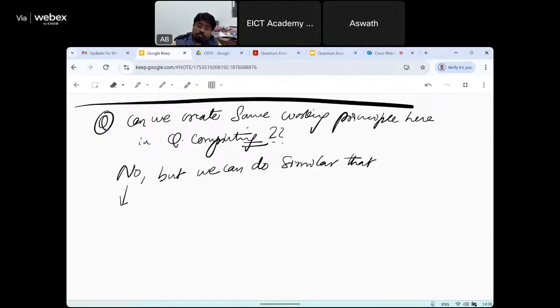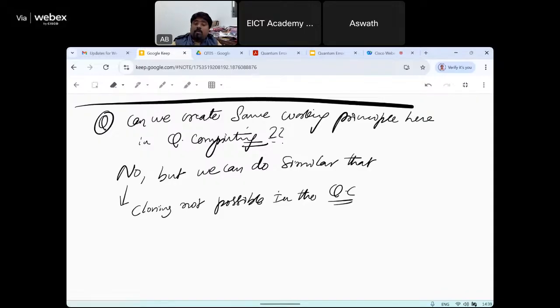Why does the question get a straight answer of no? Because cloning is not possible in quantum computing or quantum hardware. You can't clone a qubit as it is.